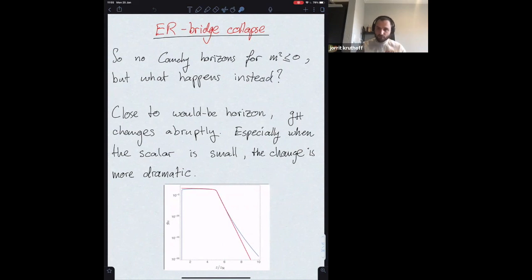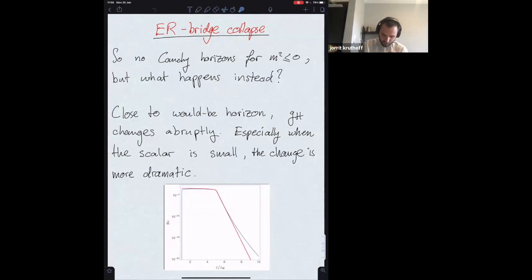At the would-be Cauchy horizon, the GTT component of the metric changes very abruptly. And this is especially pronounced when the scalar field is very small. So when the source on the boundary is very small, the effect is more dramatic.